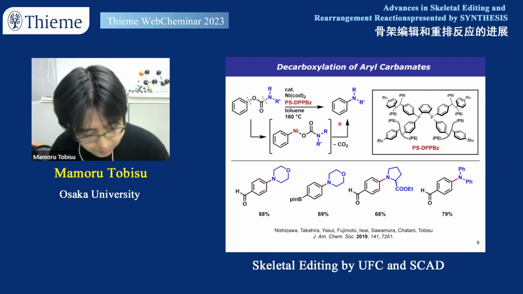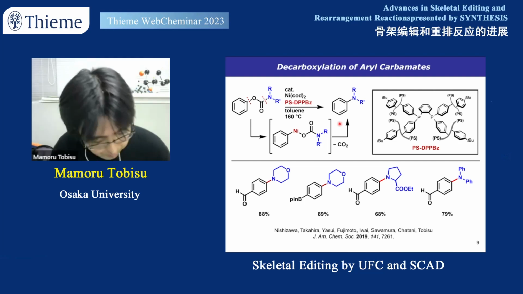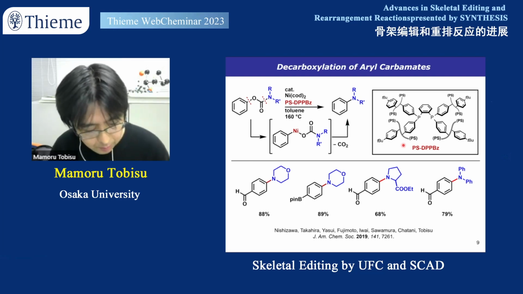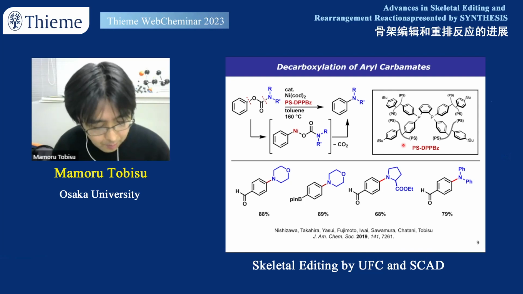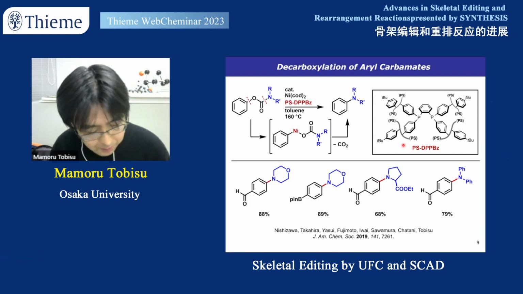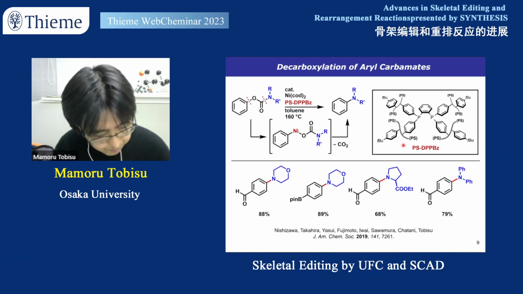The key here is the use of this polymer-supported phosphine ligand, which was originally developed by Sawamura and Iwai at Hokkaido University in Japan. This ligand system efficiently promotes the difficult C-O bond activation process.